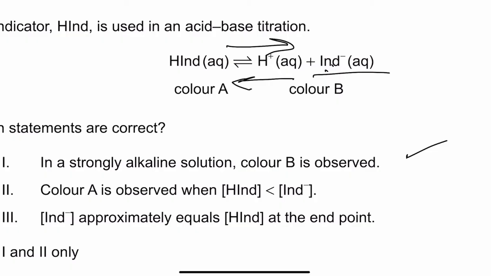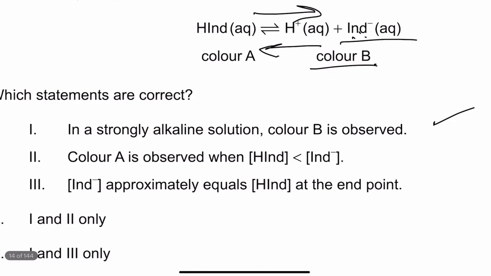But if you really think about it, a high concentration of IND minus is just going to mean color B is going to be observed, because IND minus is essentially what brings about color B. So it's just saying that color A is observed when there's a lower concentration of HIND. That's just not true, because HIND is what shows color A. So if there's a low concentration of it and a high concentration of IND minus, color B will be observed. So that is incorrect.